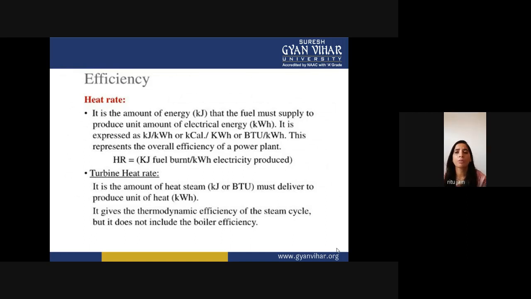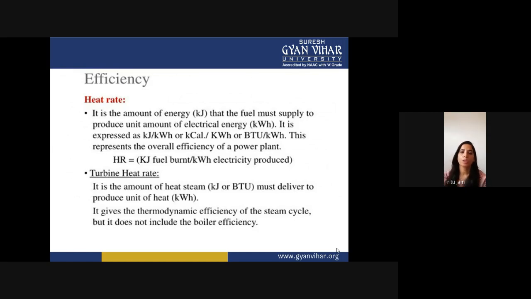We have already discussed that the unit of energy you can represent in kilowatt hour, or the energy you can represent in kilojoule. So it is the amount of energy that the fuel must supply to produce a unit amount of electrical energy.